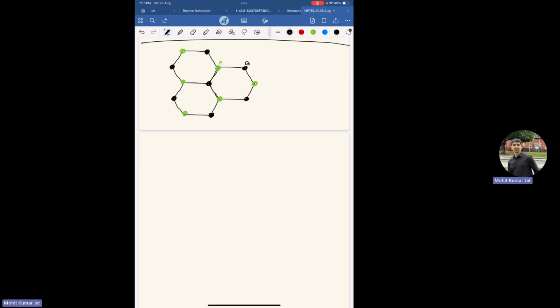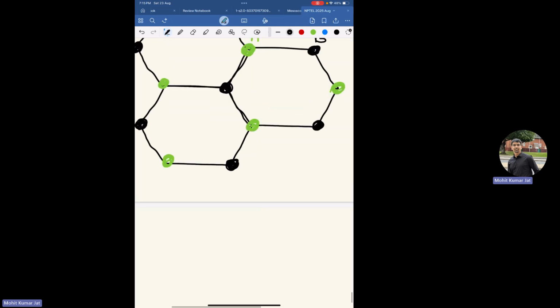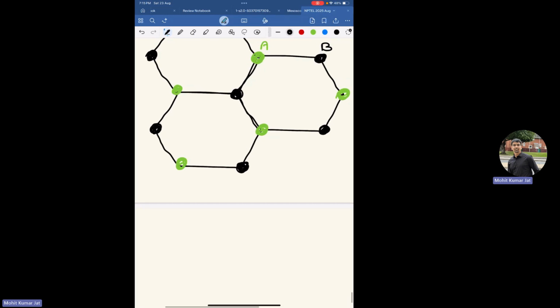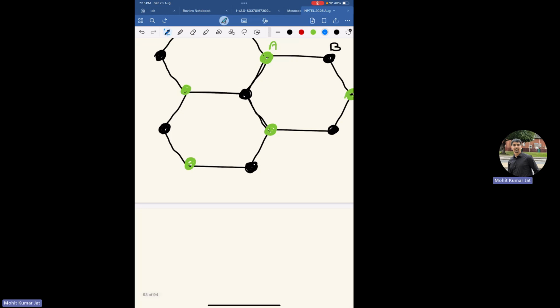Now, if I have to define the lattice vectors in this case, they would be like these ones. This will be your a1, this will be your a2, and similarly.